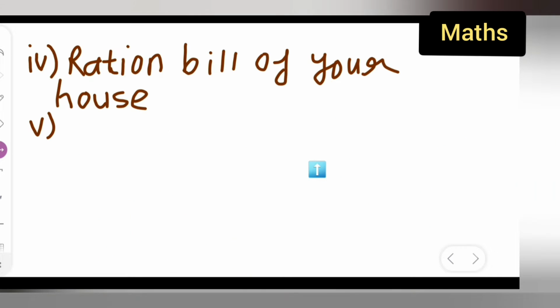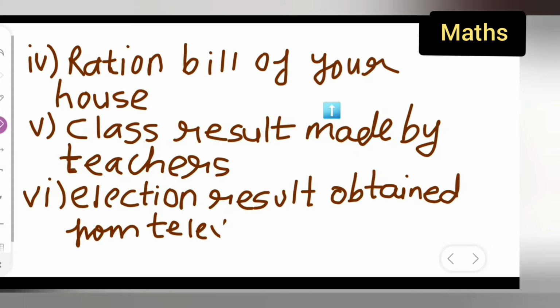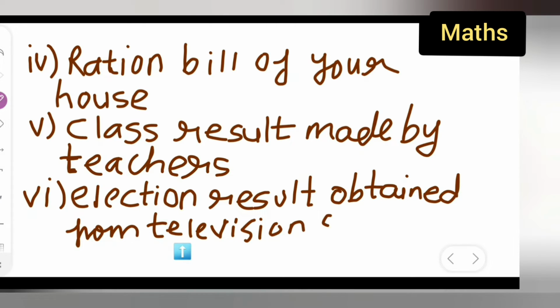The fourth one is ration bill of your house, and the fifth one is class result made by the teacher. The sixth one is election result obtained from television or newspaper.